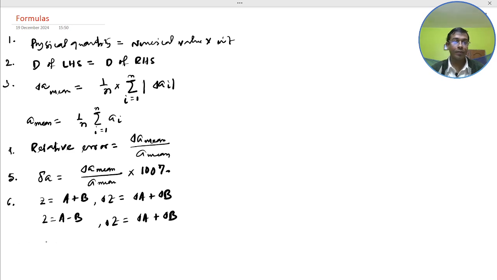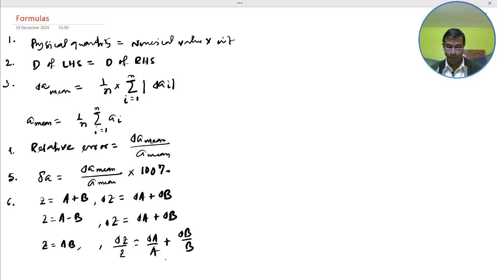In product form z equal to ab, the del z by z is equal to del a by a plus del b by b.